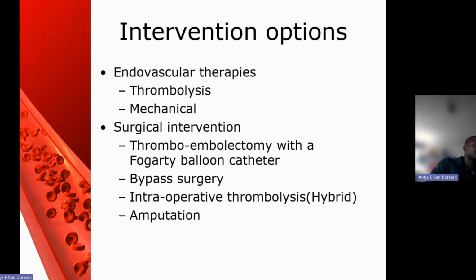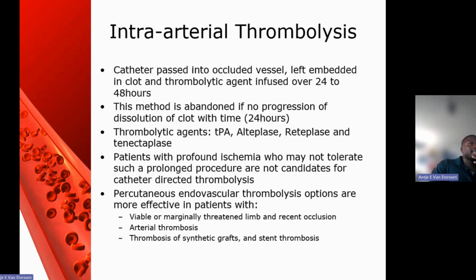I think that's the only one I've actually seen being done. And then they can also, although quite rare in acute limb ischemia, have bypass surgery, but it's not something that is really commonly practiced. Intraoperative thrombolysis, or they get an amputation. That's as much as surgical intervention is concerned.